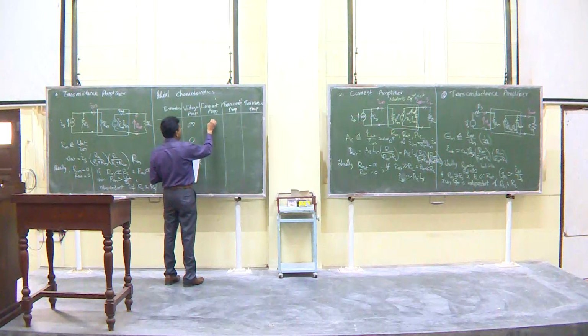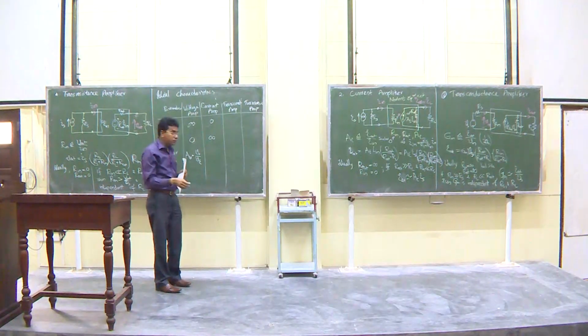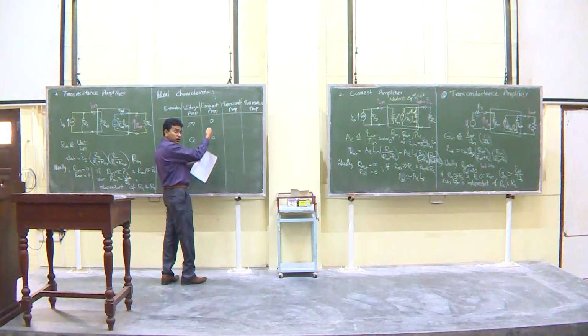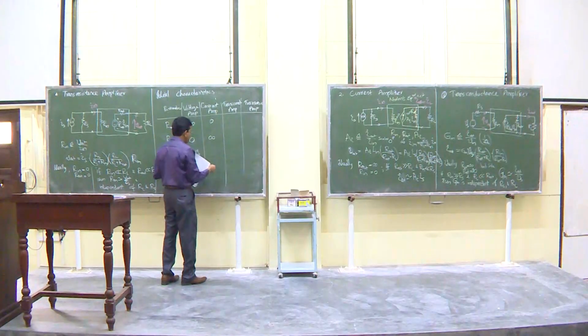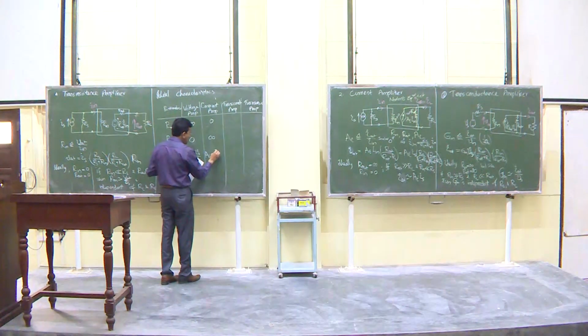Current amplifier, the opposite: very small input impedance so that almost all the current flows through it. Output impedance very large, so nothing goes through it. Current gain AI is equal to I out over I in.